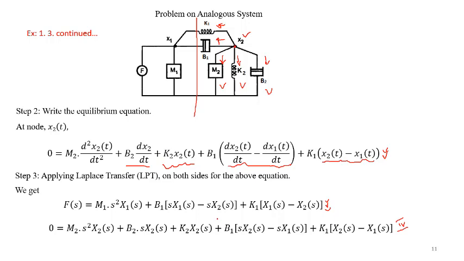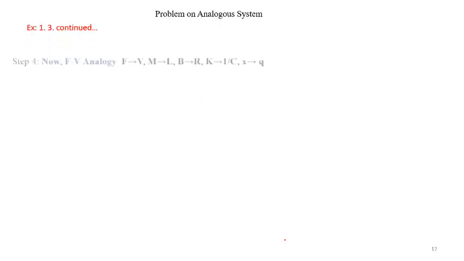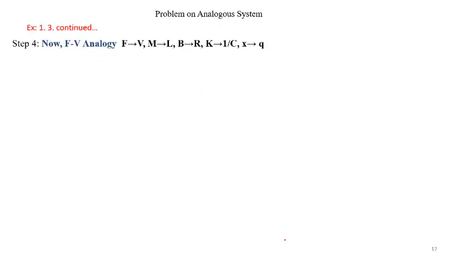Using these two equations, equation 3 and equation 4, the Laplace transform equations, we are now going to create the FV and FI analogies. Next, step 4. Now we are going to go for the important one, the FV analogy.